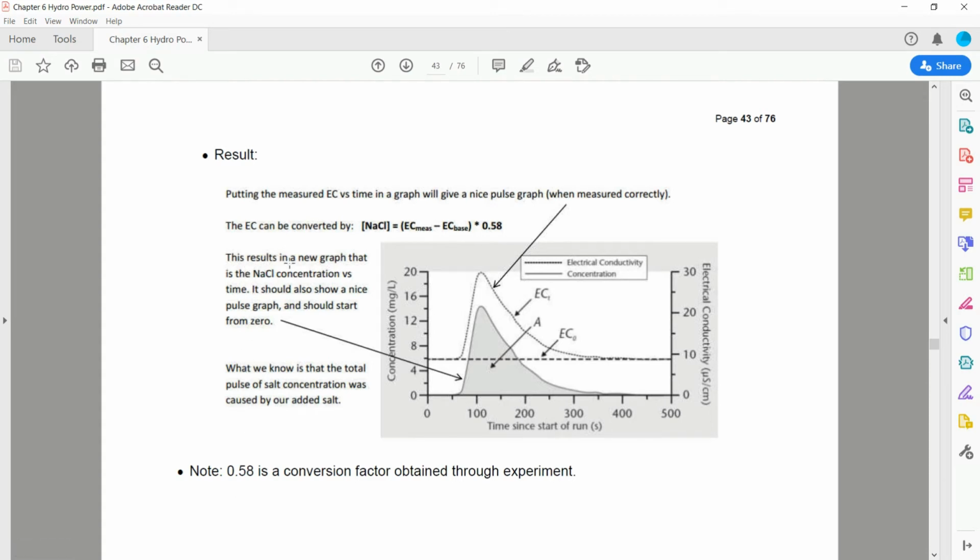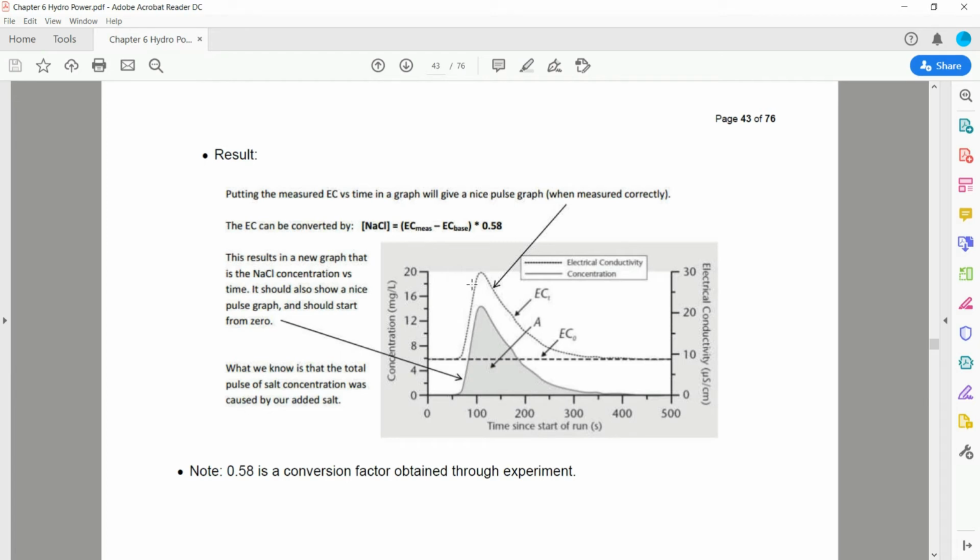This results in a new graph, the sodium chloride concentration versus time. It should also show a nice pulse graph that should start from 0. So this is after you do EC measured minus EC base. What we know is that the total pulse of salt concentration was caused by our added salt.